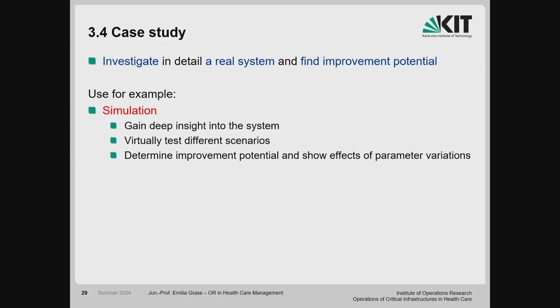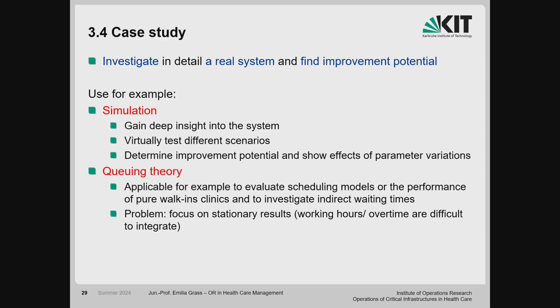Okay. And what could also be used is queuing theory, also very popular. Queuing theory simply studies the behavior of queues or waiting lines. So we want to understand systems where customers, or in our case patients, arrive randomly at our hospital, and we want to analyze factors like the average indirect waiting times.